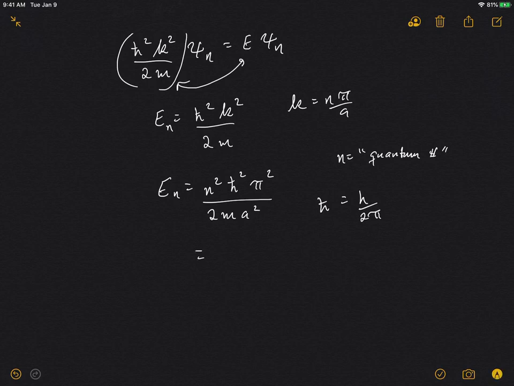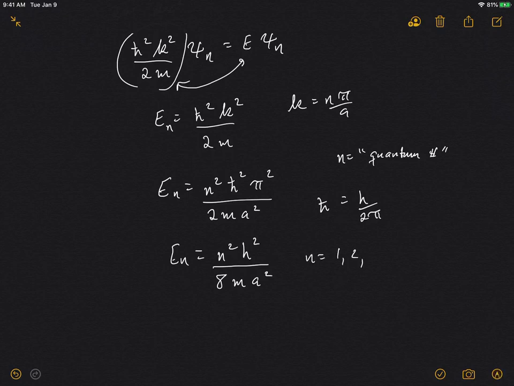That's going to give you an extra factor of 4 in the denominator, and we end up with n squared h squared, not h bar. It's tempting to put the slash back in. The pi's cancel, over 8m a squared, where n is the quantum number.